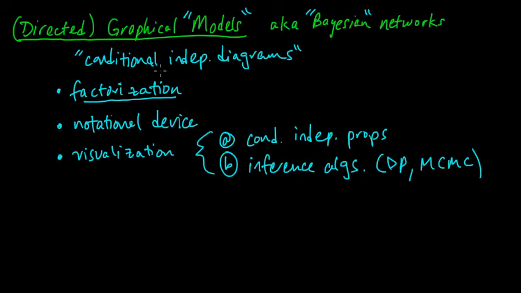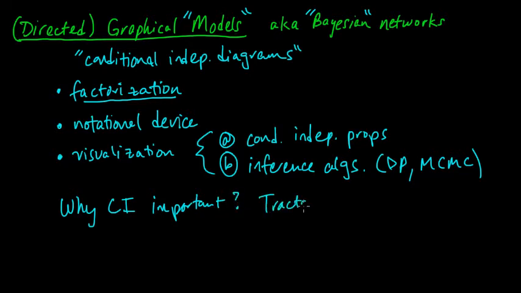So why do we care so much? I keep on talking about this conditional independence. What is so essential about conditional independence? Why is it important? The reason is tractable inference.